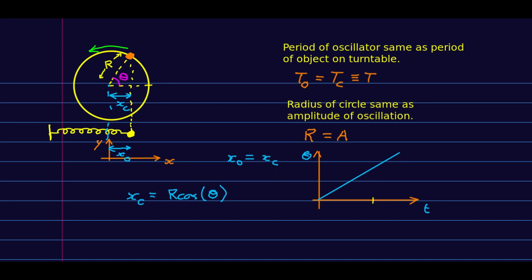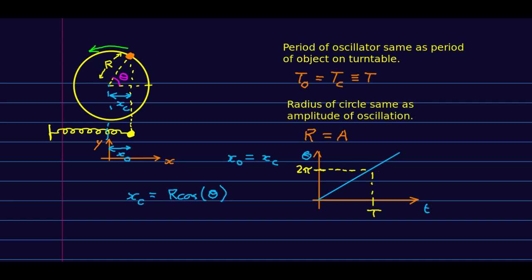In a time equal to the period, this goes around a full circle. Now, it's tempting to write 360 degrees here, but it's actually more convenient to work in radians. And hopefully you know that a full circle is 2 pi radians.